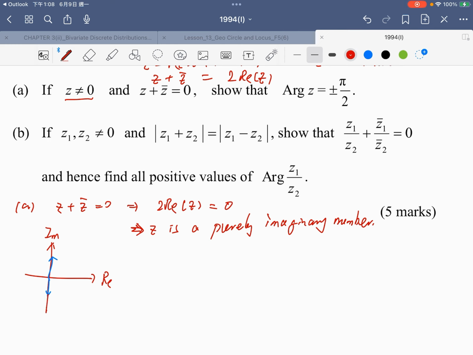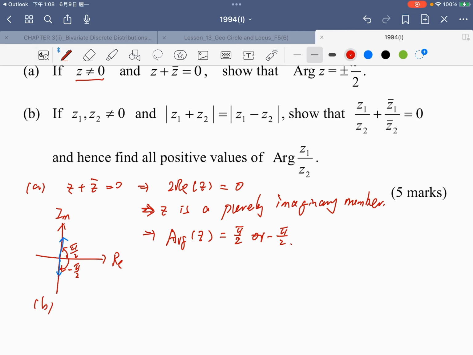Therefore, the argument should be equal to pi over 2 or negative pi over 2. Therefore, argument of z equal to pi over 2 or negative pi over 2. Okay, that is first part.